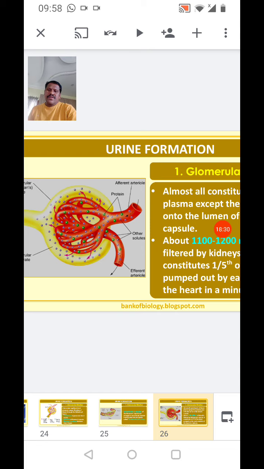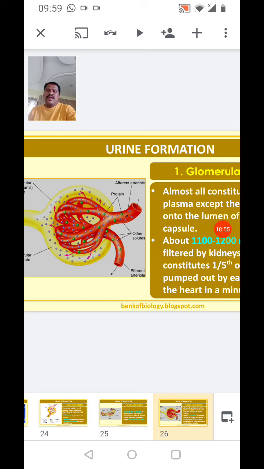The second type is low threshold substances. These are substances which are not much essential to our body, and they are reabsorbed only a little. Examples are urea and uric acid.